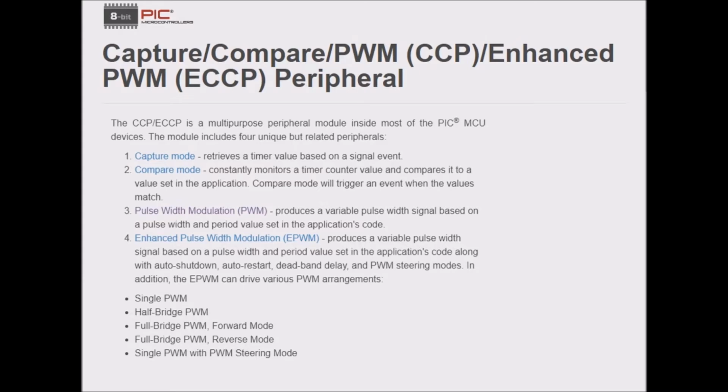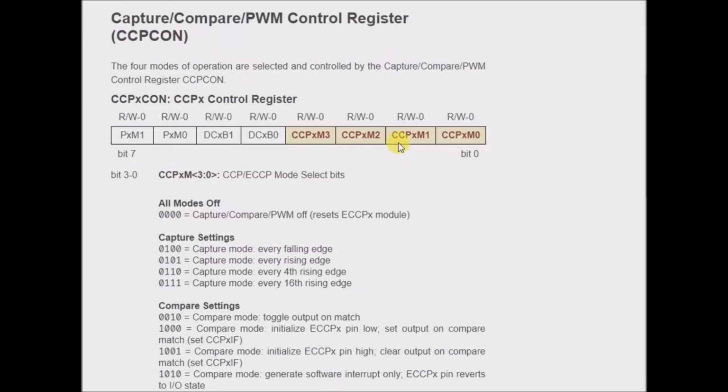In addition, the EPWM can drive various PWM arrangements: single PWM, half bridge PWM, full bridge PWM, forward mode, full bridge PWM, reverse mode, single PWM with PWM steering mode. So this seems to pertain to a specific chip in a datasheet. I don't even know which one that is.